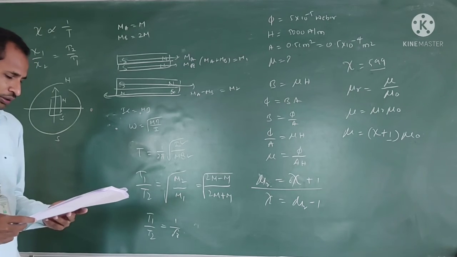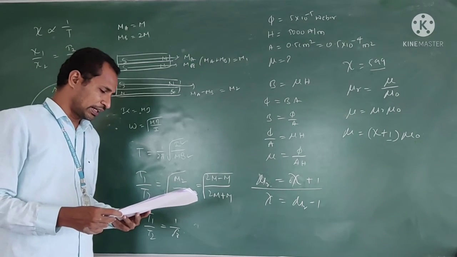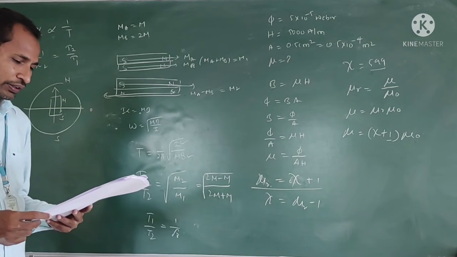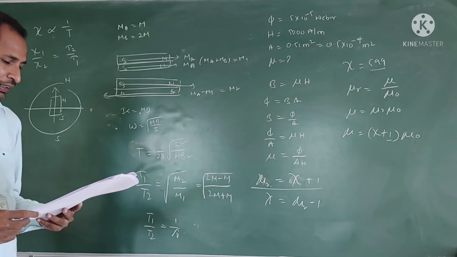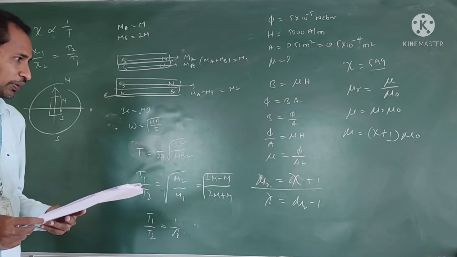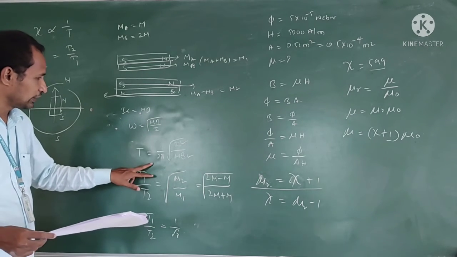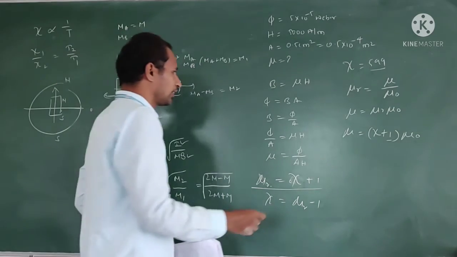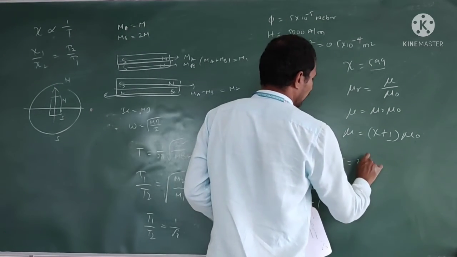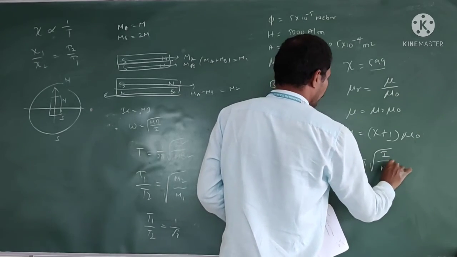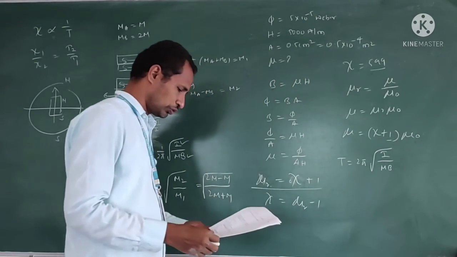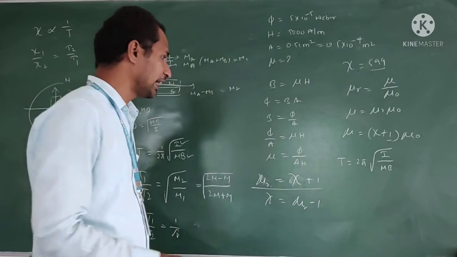You follow that. Next, a thin bar magnet oscillates with time period T. If it is cut into two equal pieces along its axis, the time period of oscillation of each piece. What is the formula? T is equal to 2 pi root of I by MB. What did they do? Cut into equal pieces along the axis.